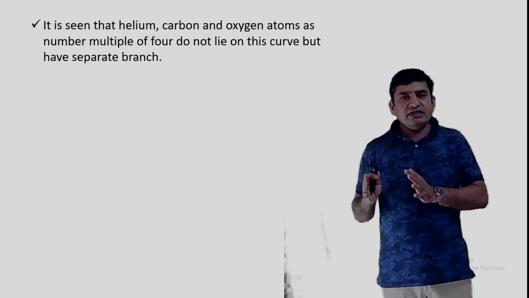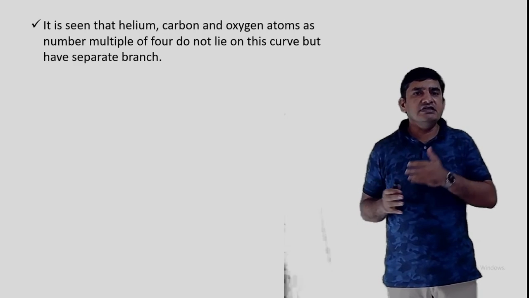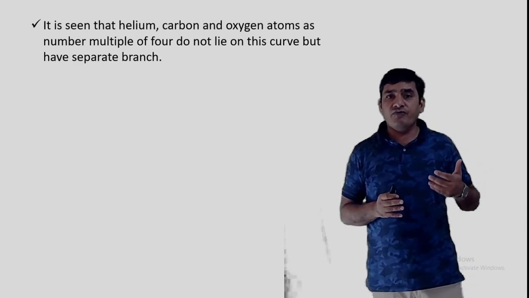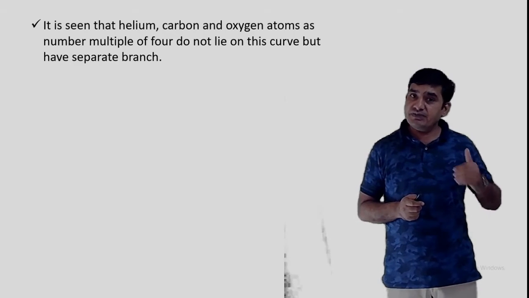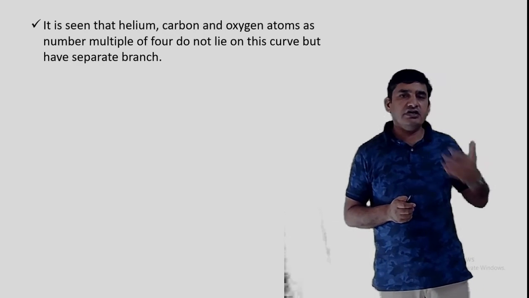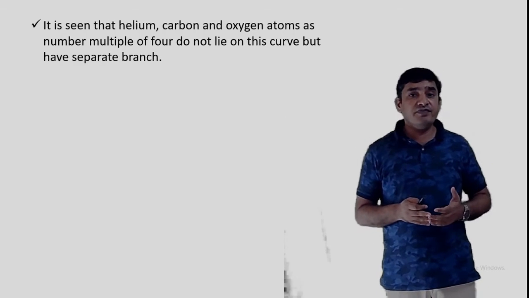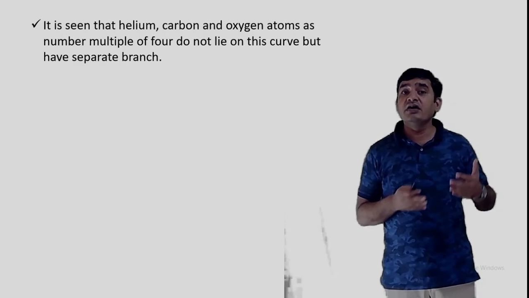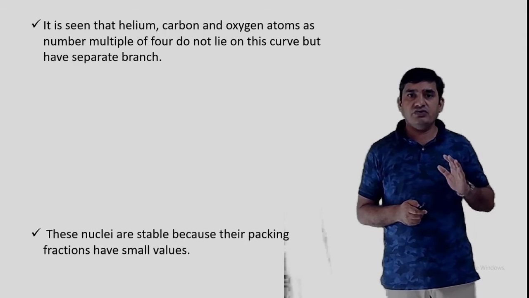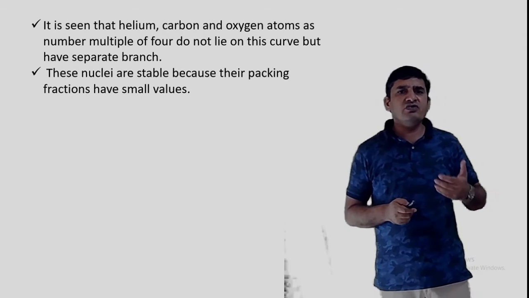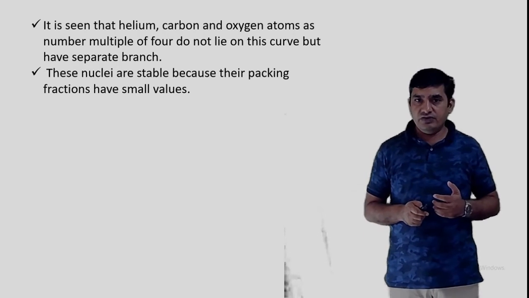It is seen that helium, carbon and oxygen, whose atomic mass numbers are multiples of 4, do not lie on the curve, but have a separate branch. The packing fraction of carbon is 0. These nuclei are stable because their packing fractions have a very small value.